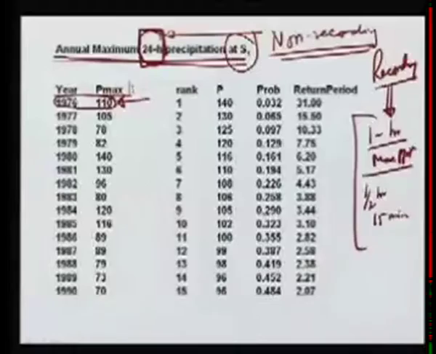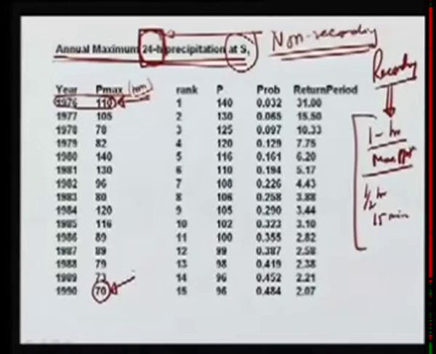So these are all millimeters. Similarly, in the year, let's say 1990, the maximum precipitation observed in a single day at rainfall station S1 was 70 millimeters.